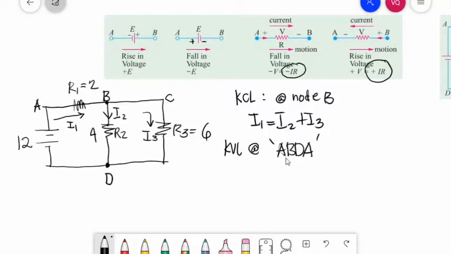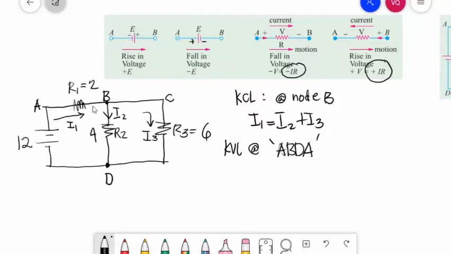So we will now consider the signs of your voltage drops and the EMF. From A to B, the motion is in the same direction as your I1.